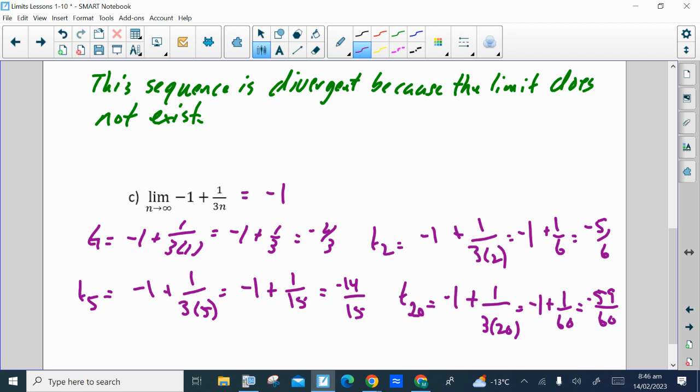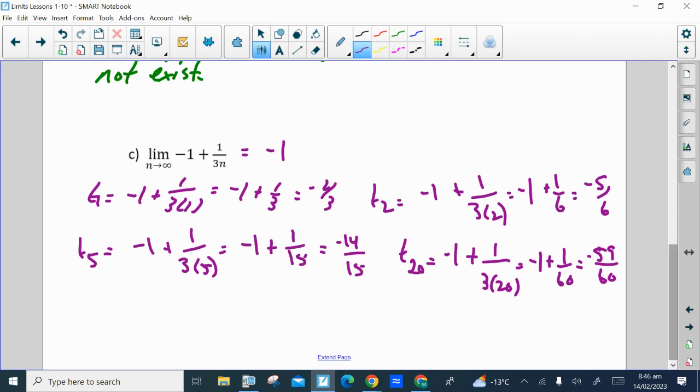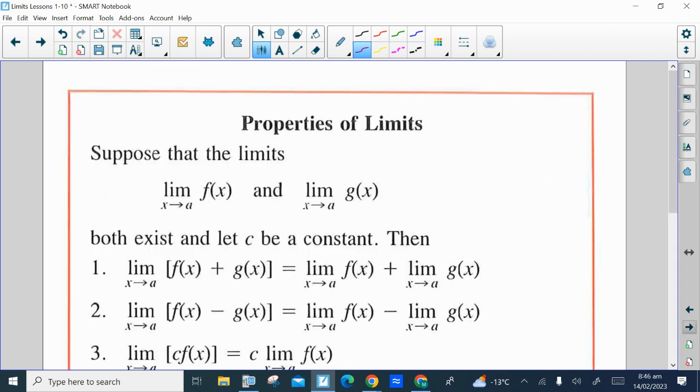So it is approaching a specific value, and we would say that that value is negative 1. Okay, so this is one way to evaluate these limits as the variable approaches infinity. But now we're going to see an algebraic way that we can do this, and then we'll talk about some observations that we can make to make it a little bit easier as well.